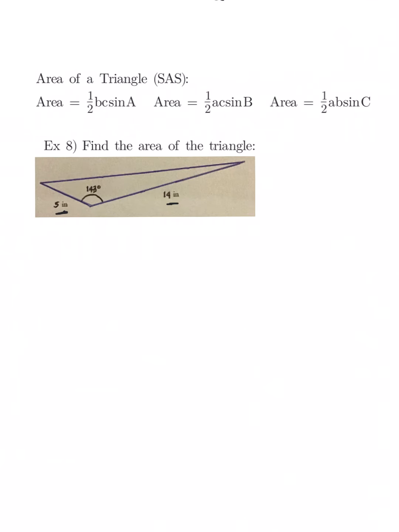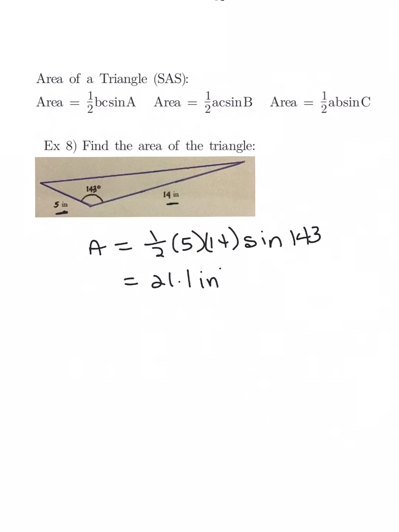When you want to find area for this kind of a problem, your area equals 1/2 times the two sides, does not matter which order you write them in, times the sine of the angle that's in between those two sides. So you just do your calculation here and you get an area of 21.1. Now this time we have a label of inches. So our label on area will be inches, but remember it's always squared on area.